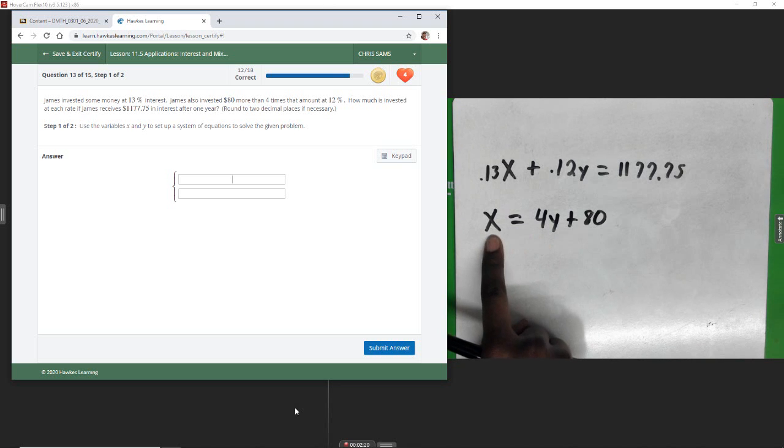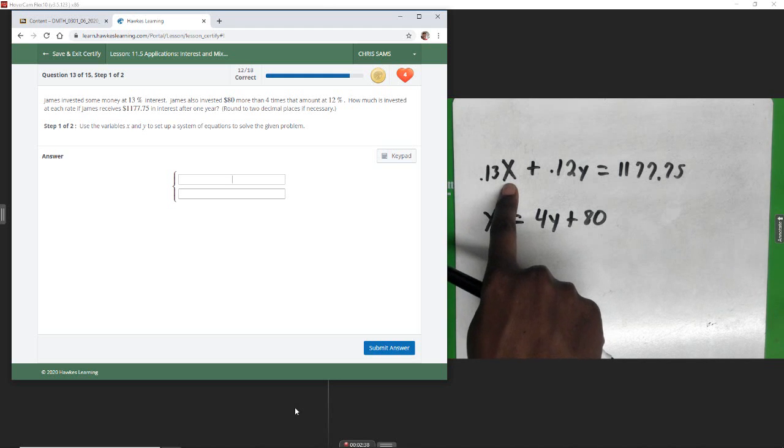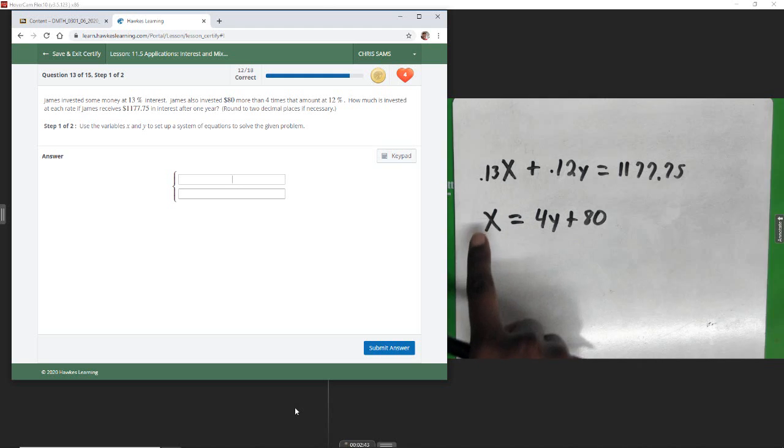So whatever he did here, he also invested 80 more than 4 times that amount at 12. Invested some at 13. He invested 80 more than 4 times that amount.